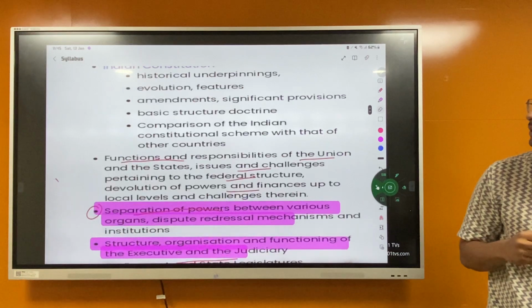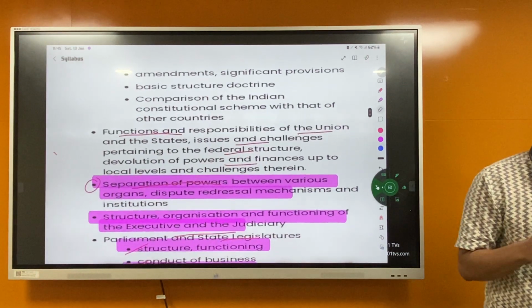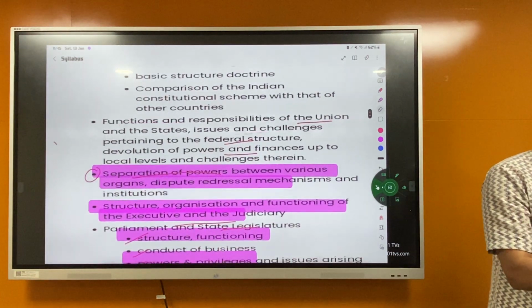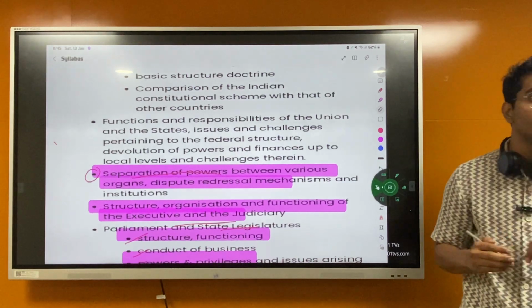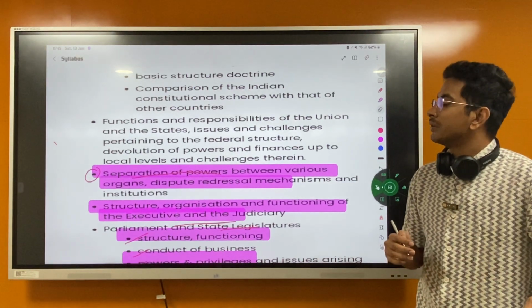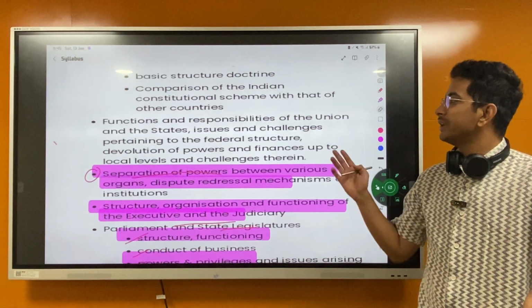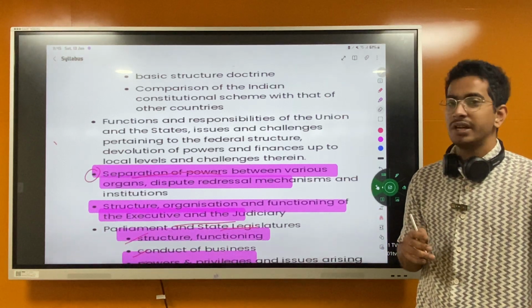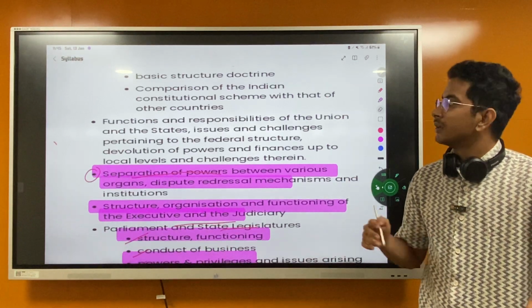Next is function and responsibilities of union and the states. Here you will be reading about the state subject, union subject, and their responsibilities.